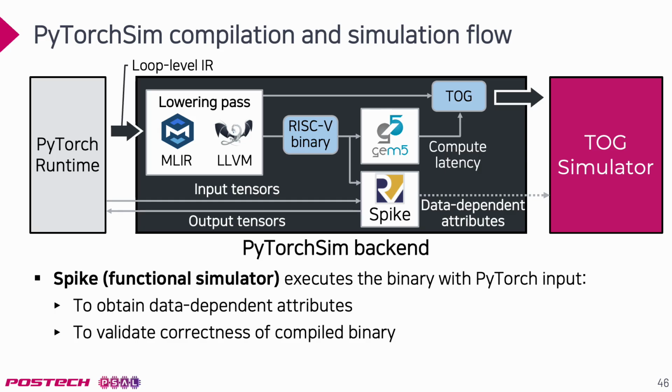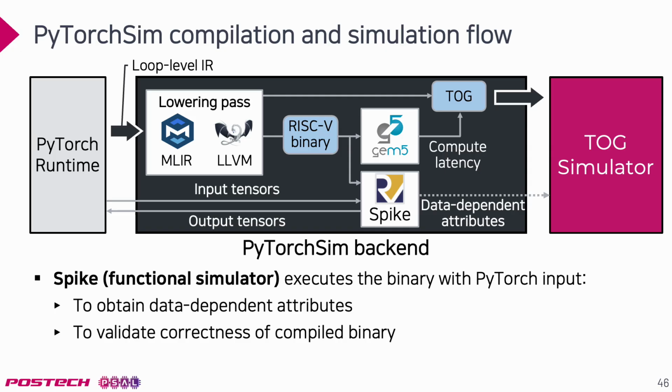So as long as you're executing operation that is already compiled, you can use the TOG that you have generated earlier. If you encounter new operation for which you don't have the TOG already, the framework will go through the compilation process to generate the TOG and other things needed to perform simulation. So yeah, although I said this is offline, in that sense, it's dynamic. Okay, compilation process is dynamic.